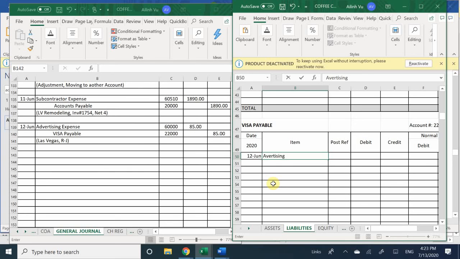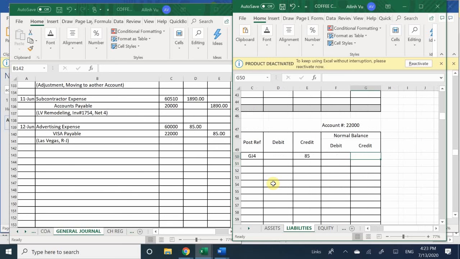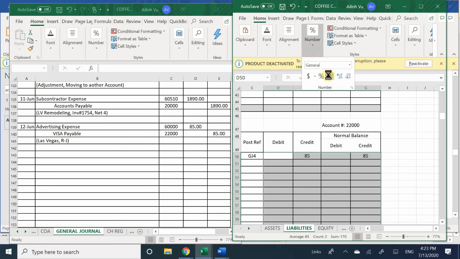And post reference is going to be general journal number 4. Because we owe more money, we're going to owe $85. So that's our beginning balance of this account, a beginning credit balance of $85 in the Visa payable.